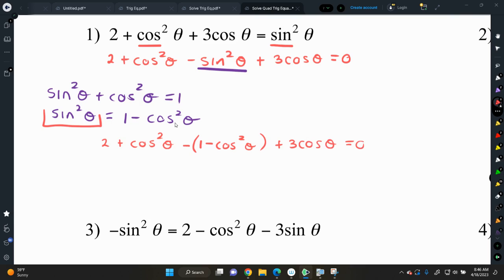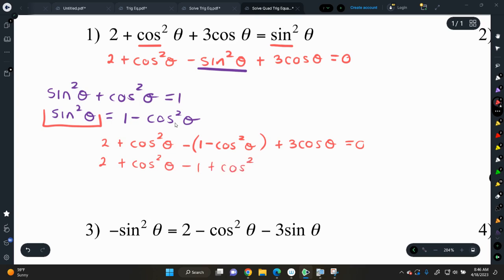Okay. So let's see what we have. 2 plus cosine squared theta minus 1 plus cosine squared theta plus 3 cosine theta.